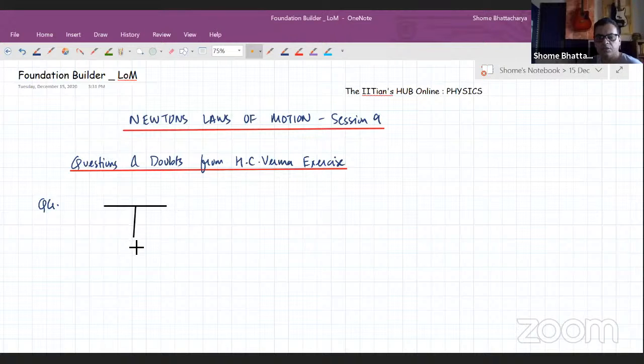So what is happening is, from the ceiling we have used a string to suspend one block like this, and then we are suspending another block from the first one using another string. Okay, so this is the concept of the question.